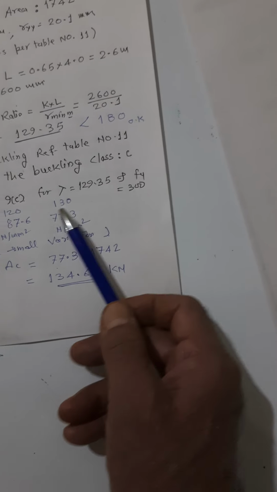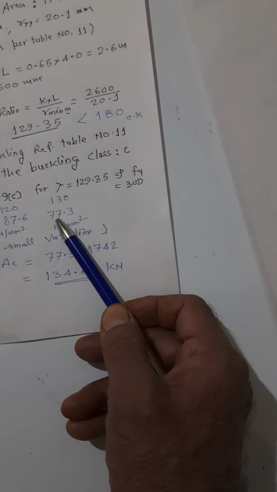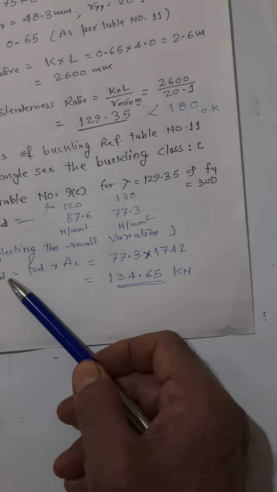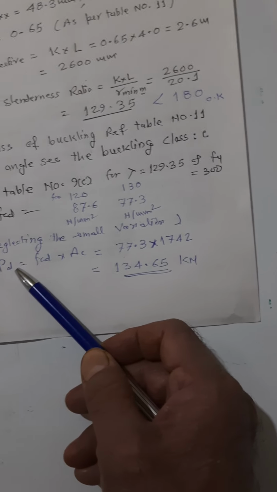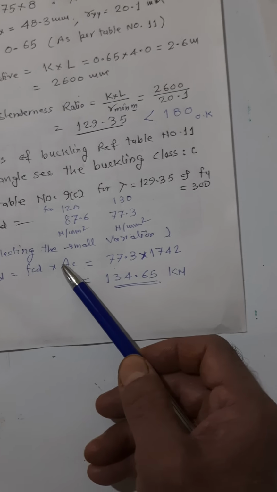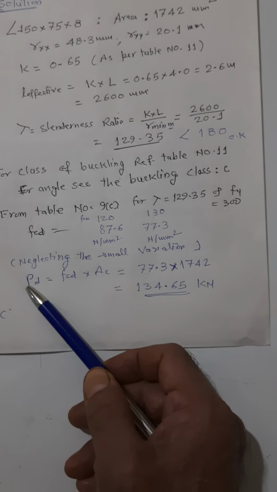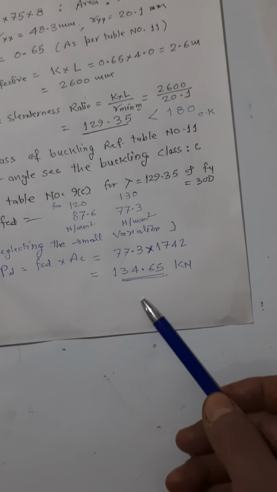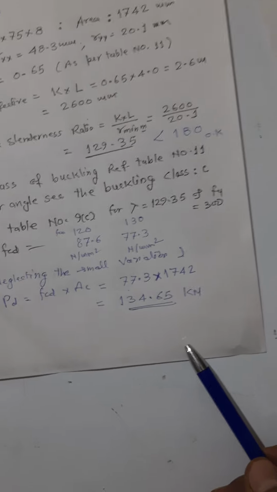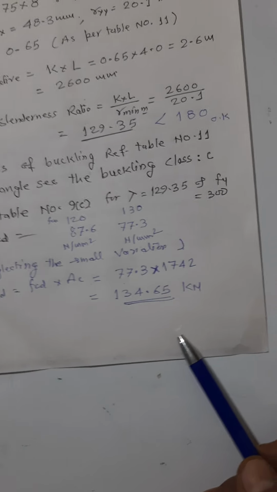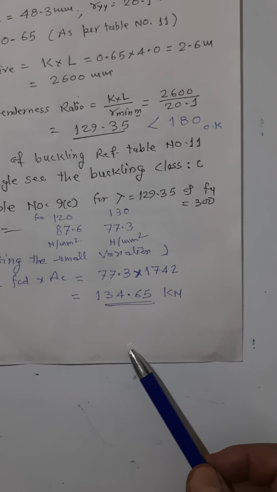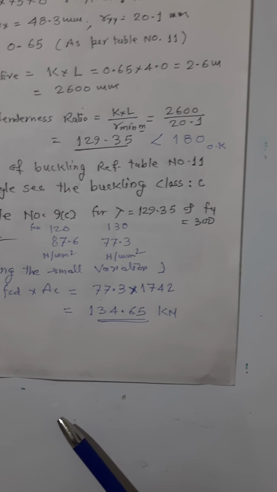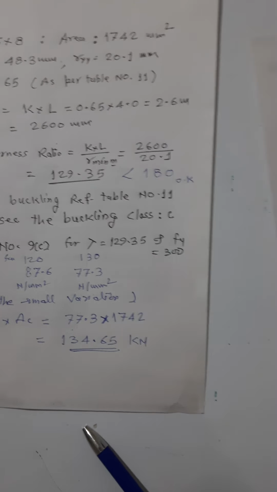Now once the stress is known, use the formula which is already given in the code itself. Stress into area will give the design compressive strength, and when divided by 1000, that will give the result in kilonewton. So the total compressive force is 134.65 kilonewton.